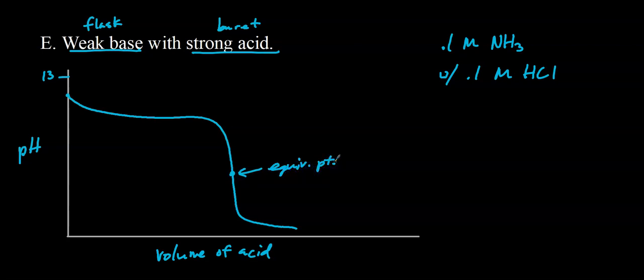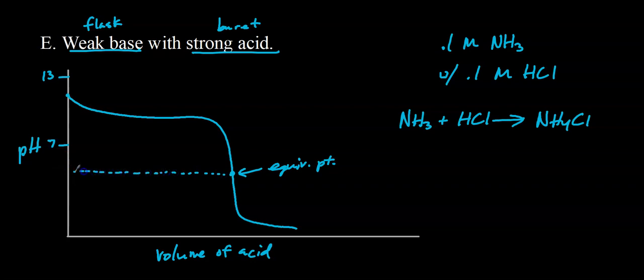So let's take a look at the equation for this reaction. Reaction between ammonia and hydrochloric acid produces ammonium chloride. And what do you notice? pH at the equivalence point this time is less than 7.